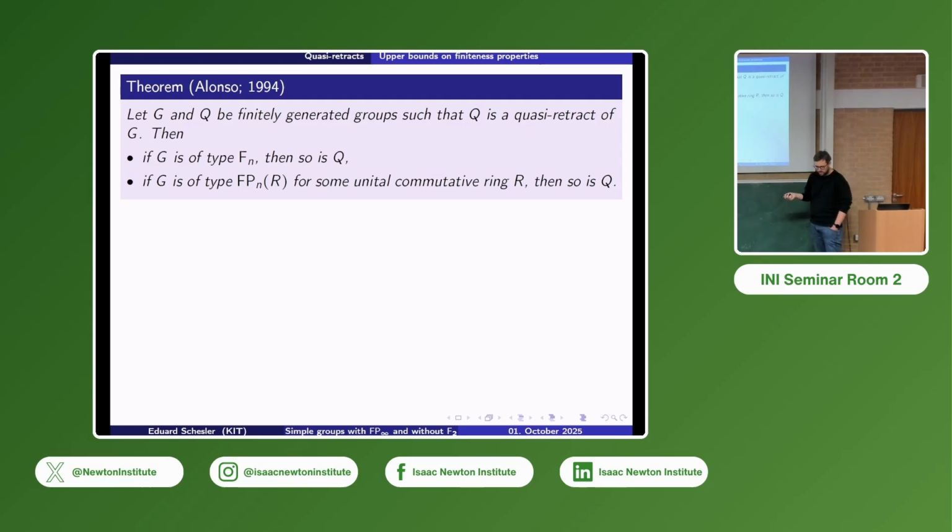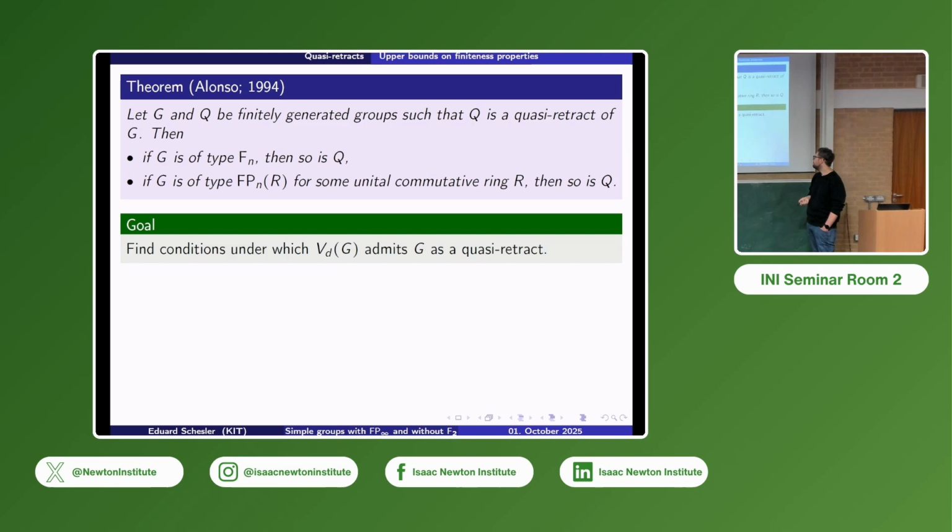If we have groups G and Q, and Q is a quasi-retract of G, then if G is of type Fn or FPn(R), then so is Q. So what we need is to find some quasi-retract onto G. So we plug in a self-similar group with certain finiteness properties, and if we realize G as a quasi-retract, then we are actually done, modulo the fact that VDG is not yet simple.